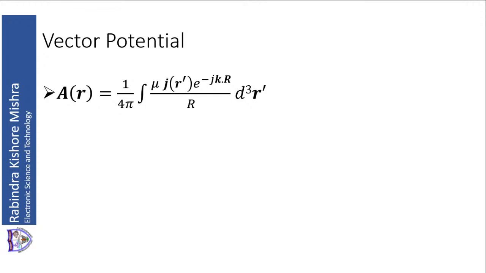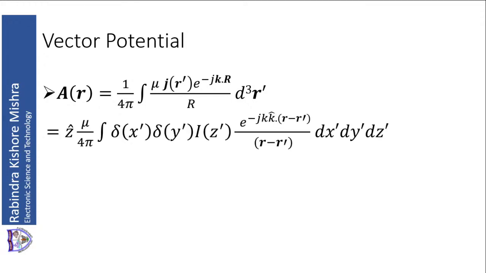The expression for vector potential is equal to 1 by 4 pi integration of mu J(r dash) exponential minus j k dot R, divided by capital R, integrated over the volume enclosing r dash. So that is the vector potential. Now let us put what is J(r dash). J(r dash) is equal to I(z dash) delta x dash delta y dash.